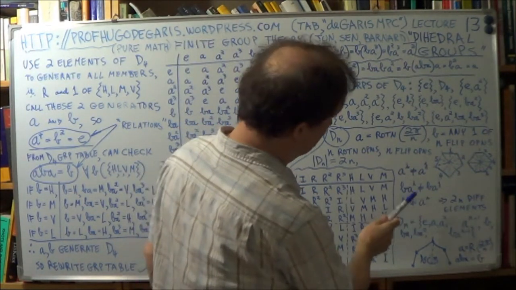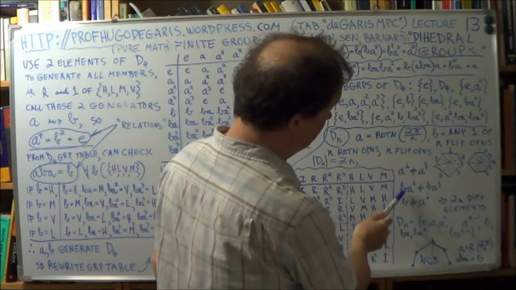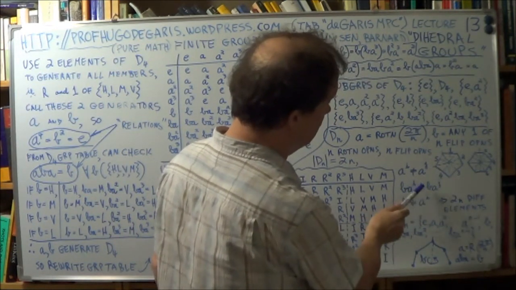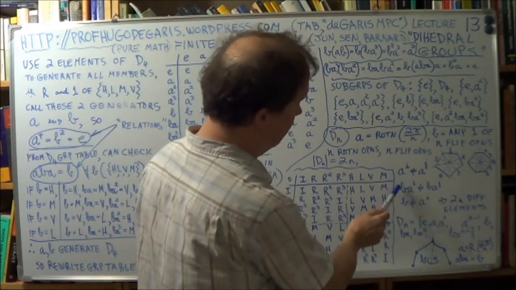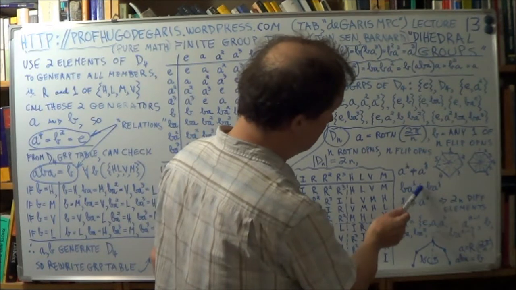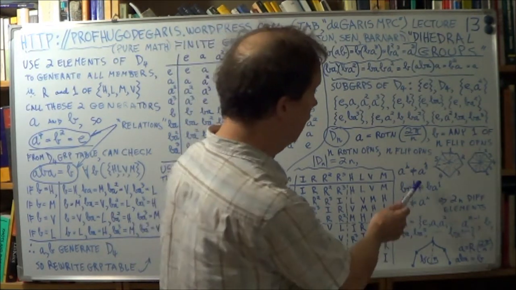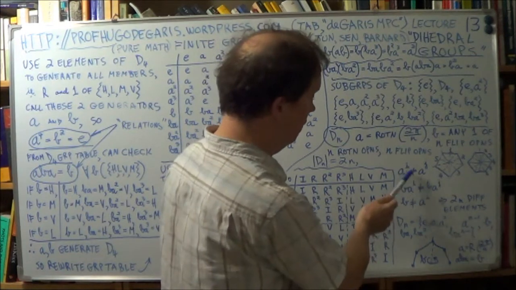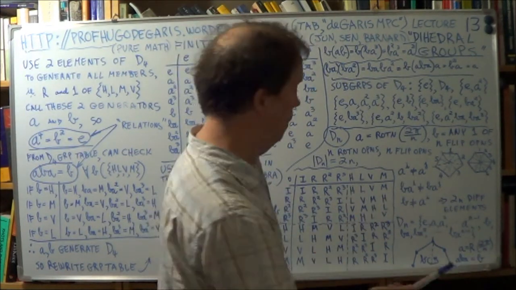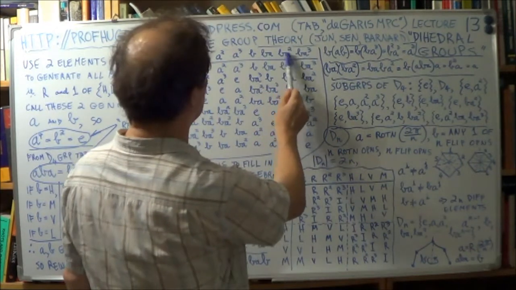So assume for different i and j here, you have 2 of them that are equal to each other. Okay, left multiply by B inverse, and then you'll get A^i equals A^j. But if i and j are different, these are different, so you get a contradiction, right? So these here are all distinct.